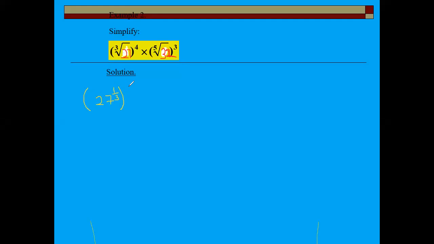Then the power 4, times 32 to the power 1/5, all raised to power 3. Good. So this will give us 27 is the same as what?